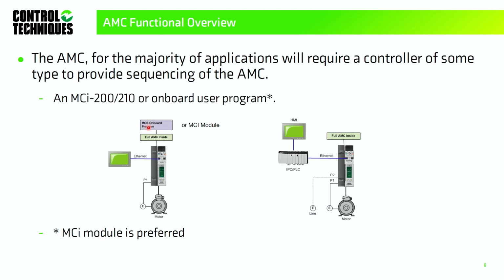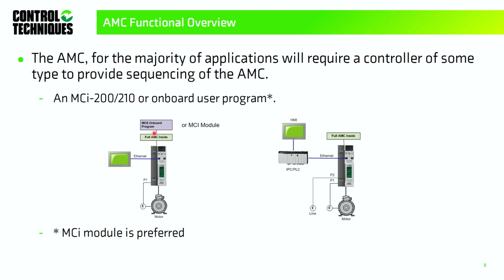As you can see, we have the sequencer here accessing the AMC, which is in turn controlling the drive and motor. We can then interface to the drive and the AMC using some sort of an HMI. In the last part of this training session, that's exactly what I'm going to do, what you see right here.